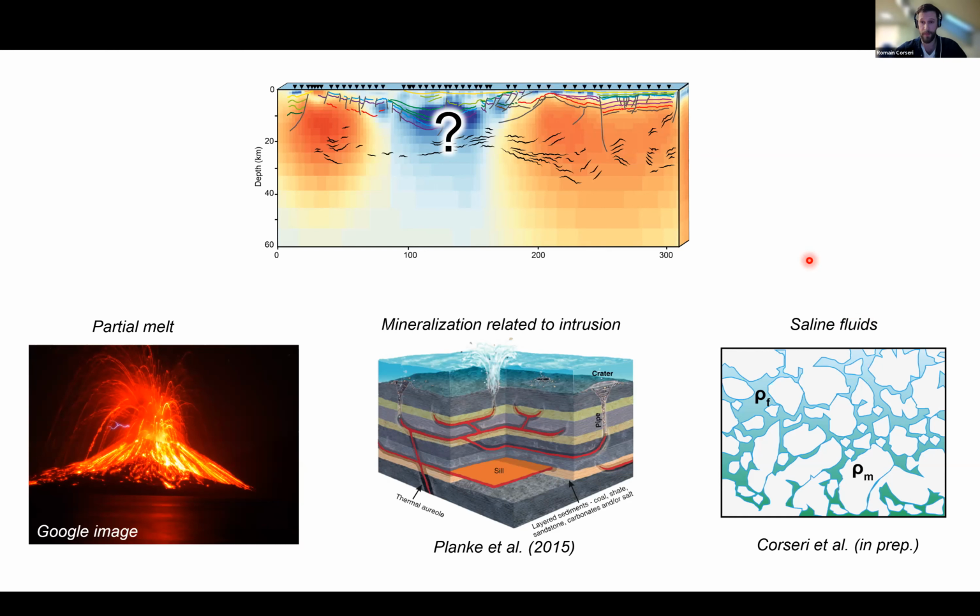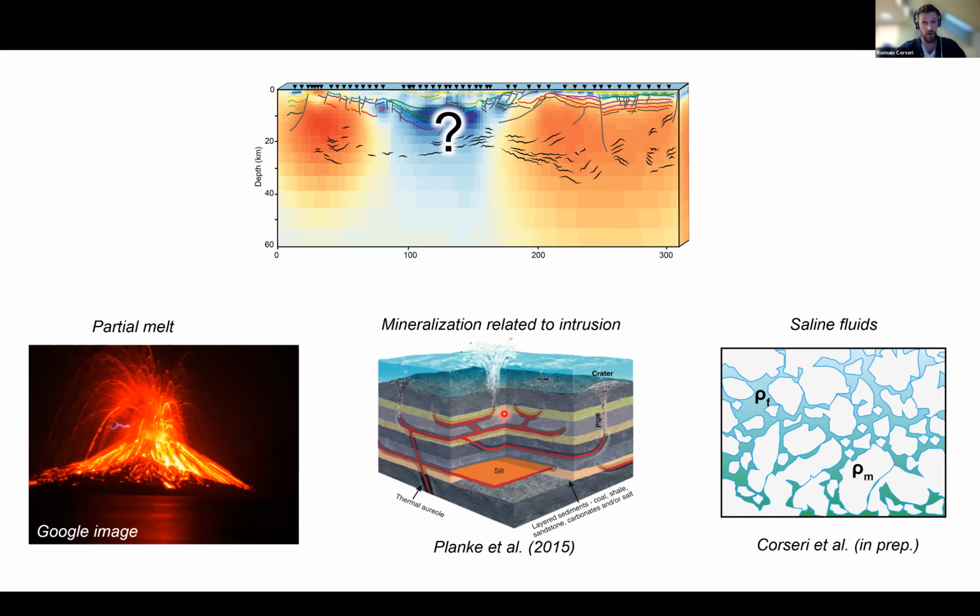In this part of the world, in the Bjørnøya basin, we can safely consider that partial melt and high temperature are not the cause of this conductivity. In terms of heat flow, it's quite normal heat flow. There are no anomalies there. We don't expect the presence of melt in the basin.